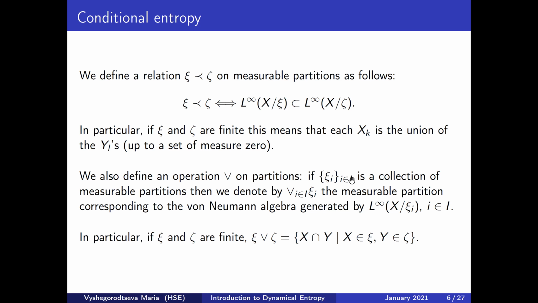The union of partitions xi and zeta consists of all the intersections of the elements of partition xi and zeta, and for a collection of partitions, we just take all intersections of all the sets that are inside this collection of partitions.